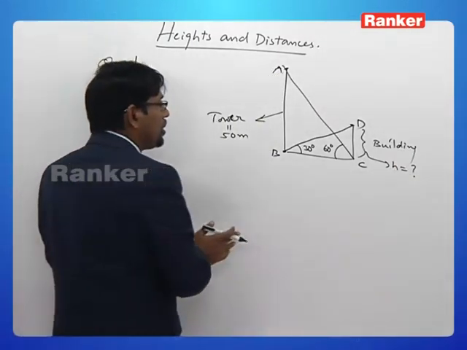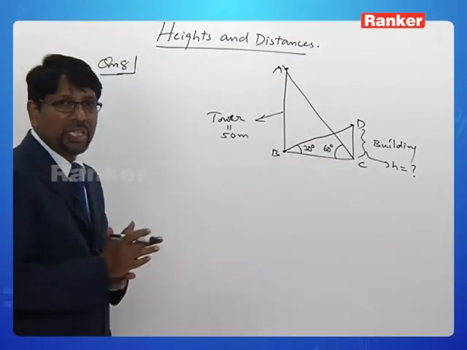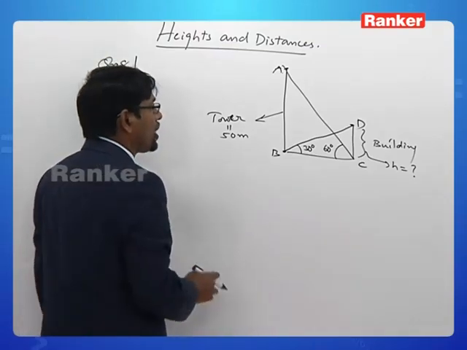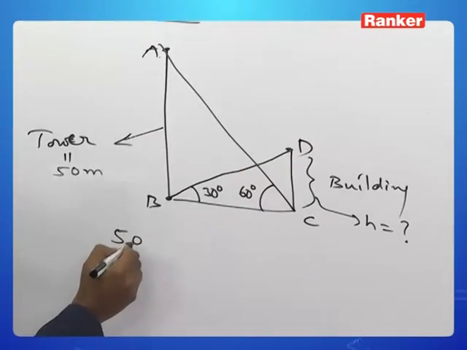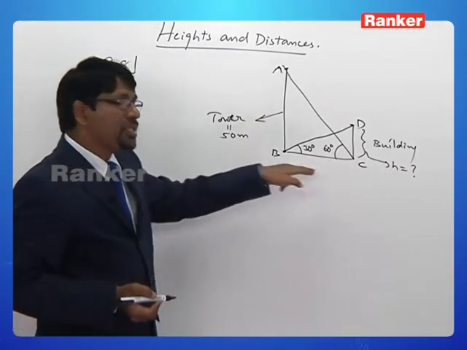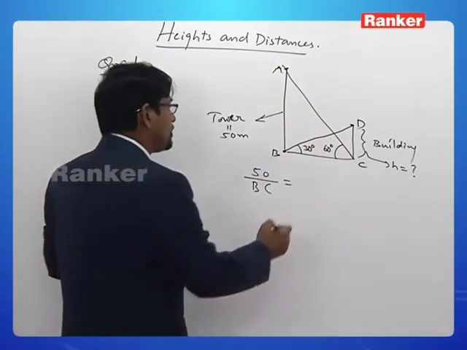So what is common to both these triangles? BC is common. We'll write BC in two ways here. In this triangle ABC, 50 meters divided by BC will be tan 60.